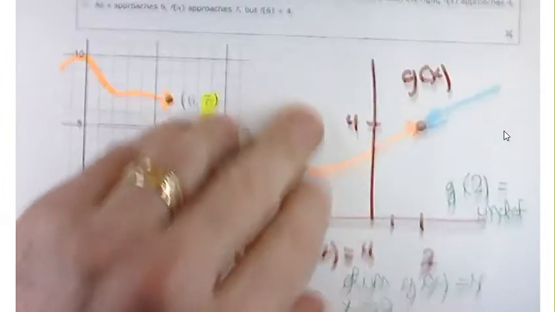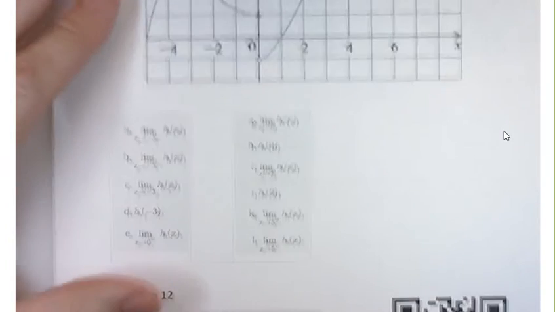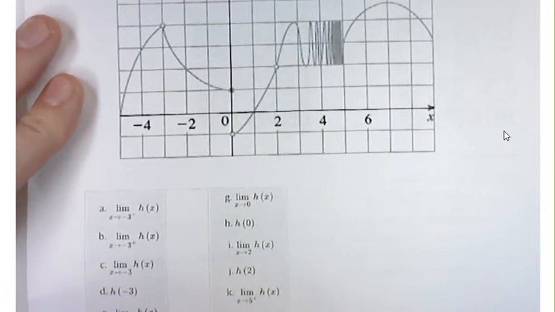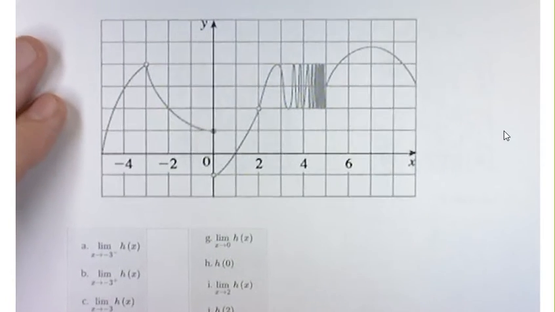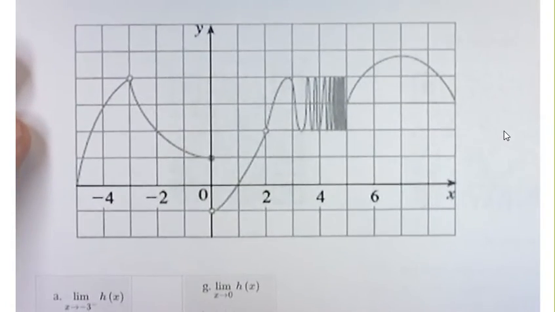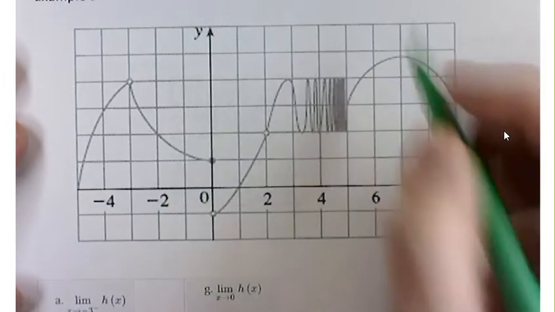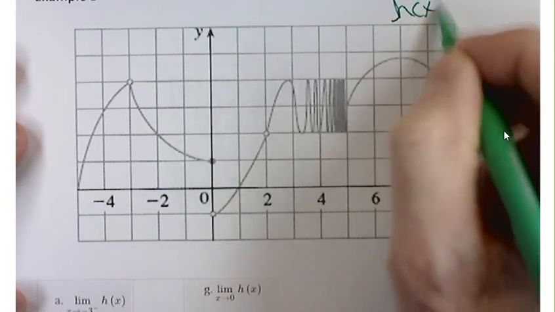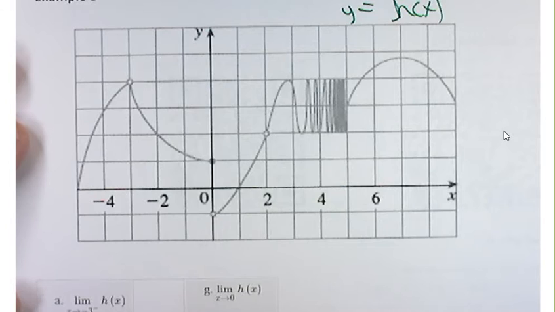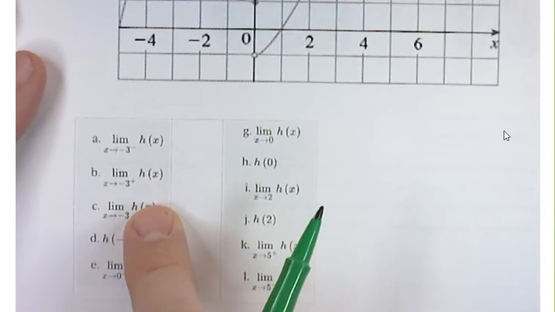All right. So if we open this up a little bit, we can move on to another example. So this is some function, we'll call it h of x. And let's start by taking a look at some of these limits here.